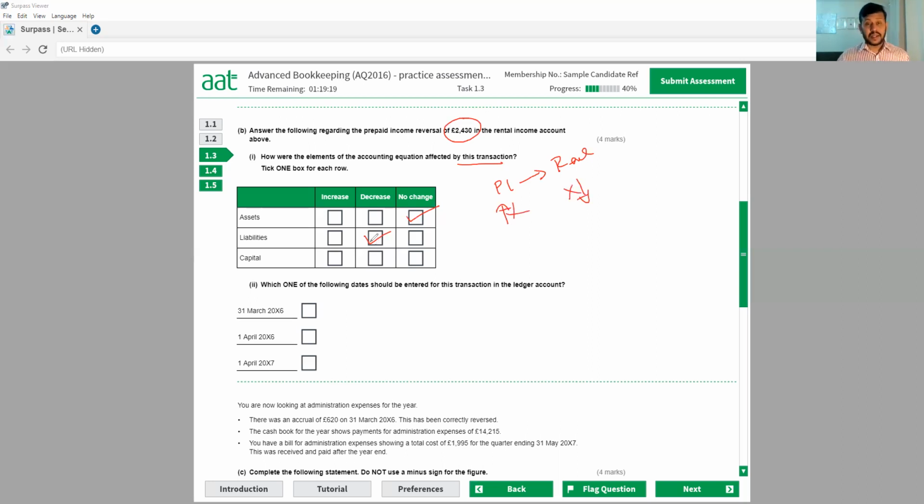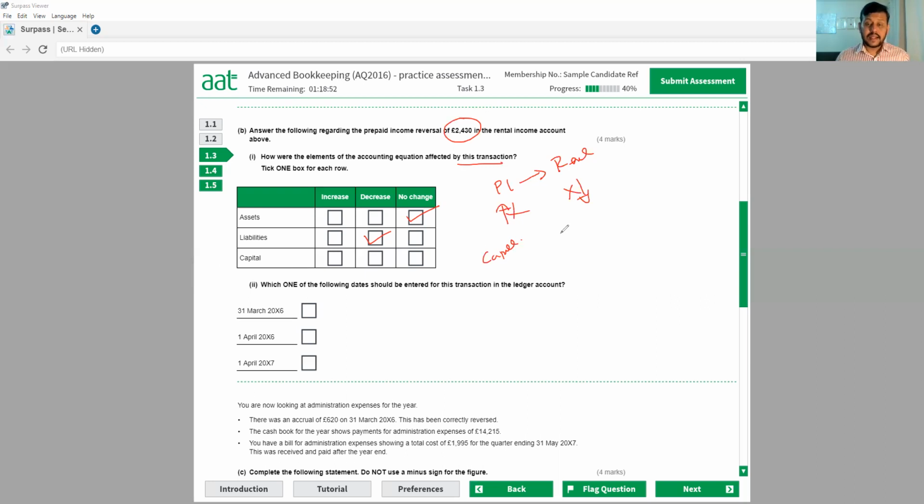So the liability will be decreased this year because last year I increased the liability because it was a prepaid income. On the other hand, any sort of income, because it is income for this year, it wasn't income for last year, but this is the income for this year. So for this year, my capital will go up. So capital always increases because of the profit or income, or capital always goes down because of the drawings or loss.